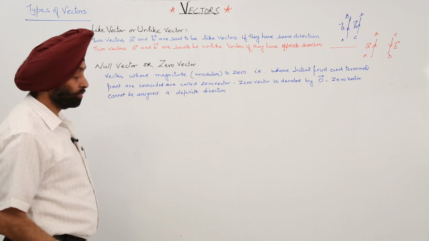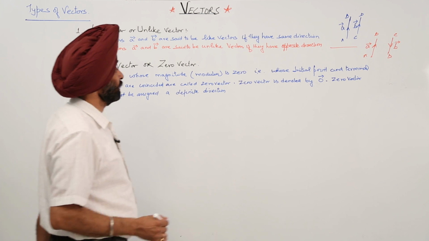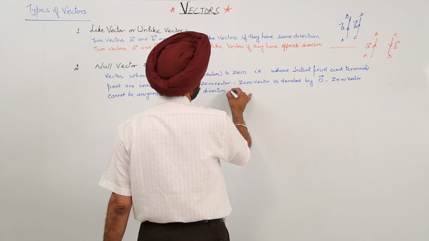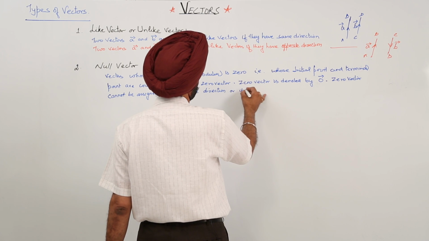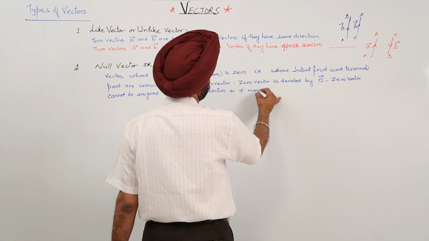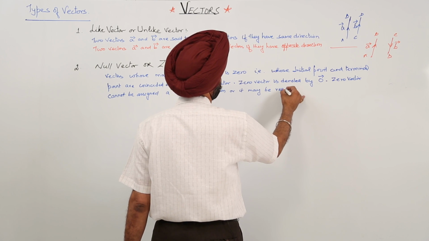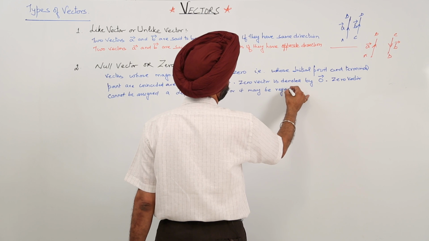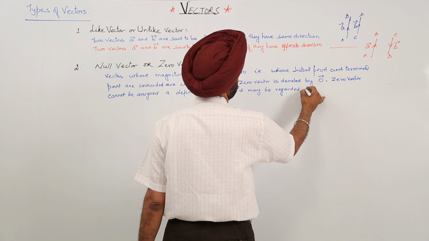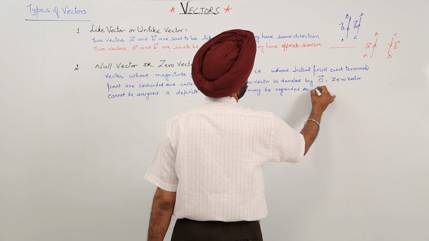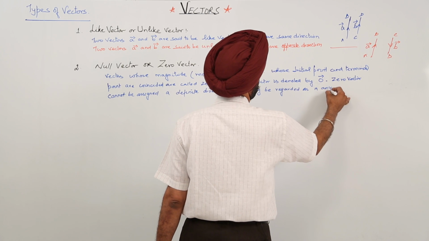Zero vector cannot be assigned with any definite direction, or it may be regarded as in any direction.